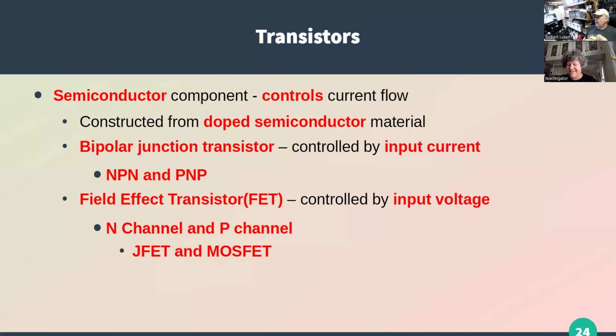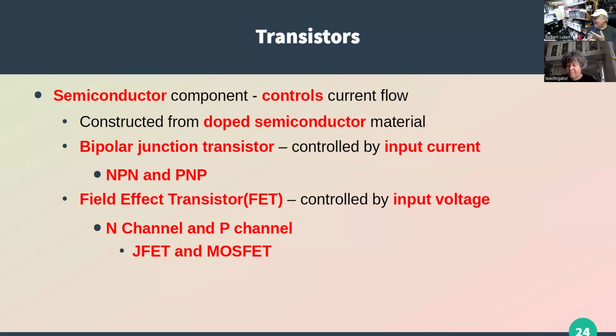And it's a current controlled device. So applying current on what we'll call the base, which is the middle piece of material, will control the amount of current that goes from the collector to the emitter. So in this device, we'll have three terminals, three electrodes, and we call them the collector, the base, and the emitter.